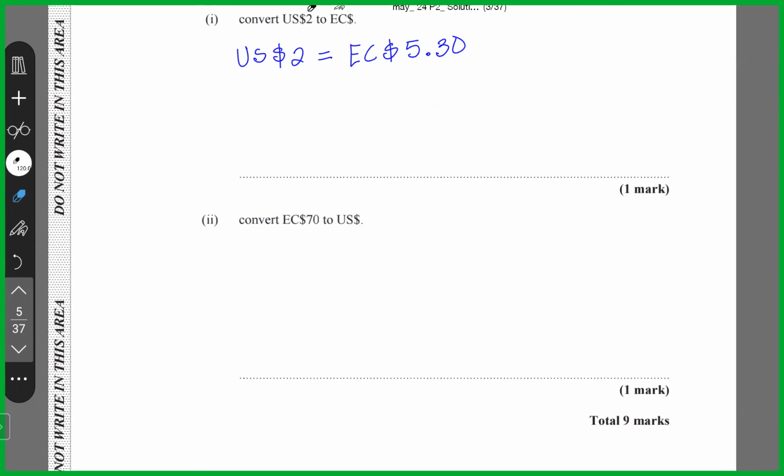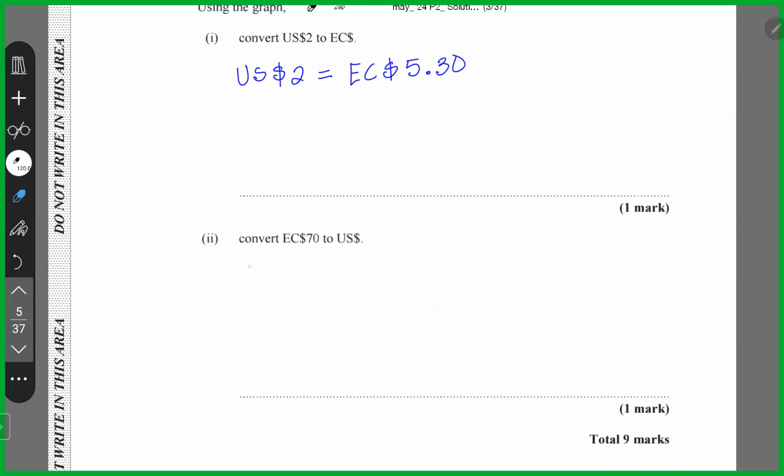But I can use this initial conversion of US $2 is equal to EC $5.30. Now, what I have to convert is EC $70. I don't know the US equivalent, so I simply call it X.